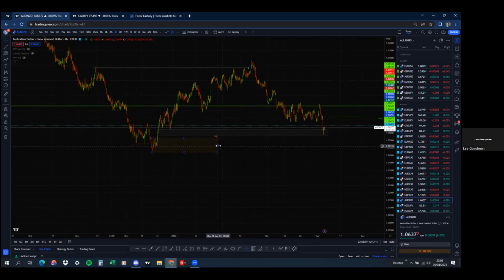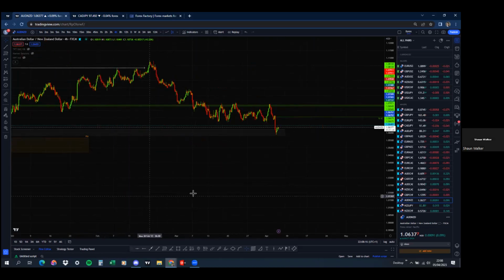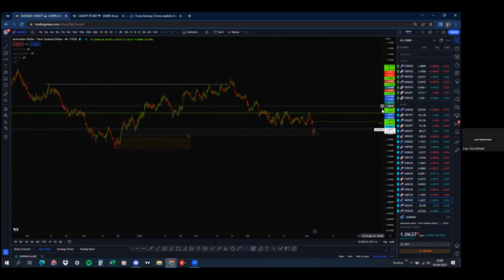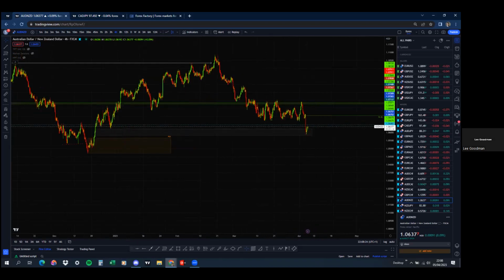But it's just having the correct risk management, and just knowing that you're still learning. Everything you're doing, you're always learning. Absolutely. I don't think you're ever actually fully there, to be honest. You're always learning. Every day on the chart's different.